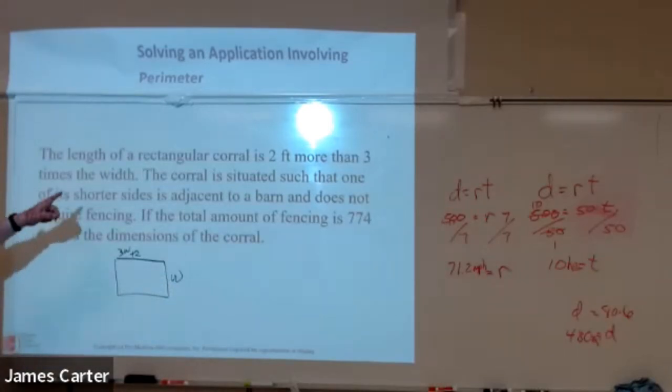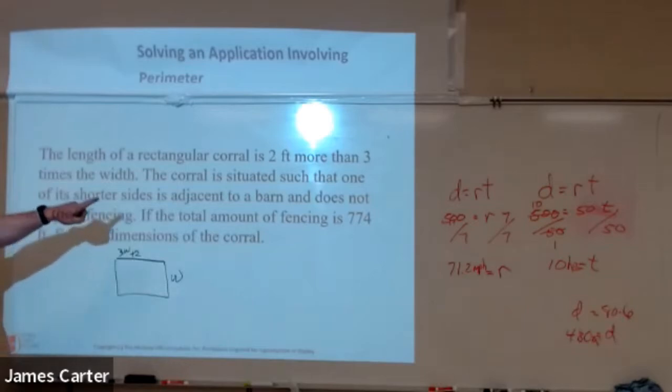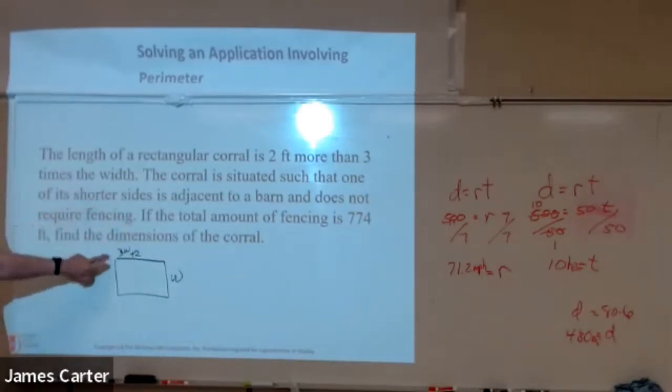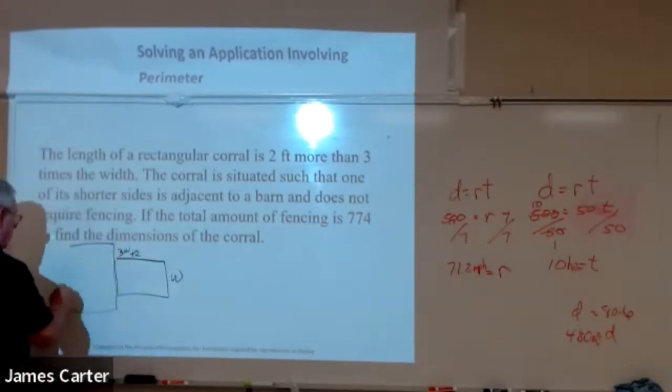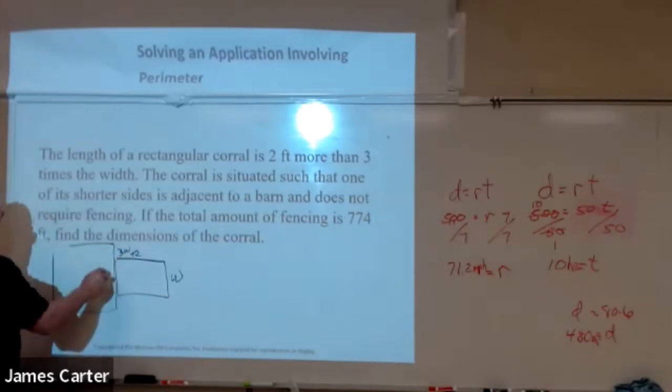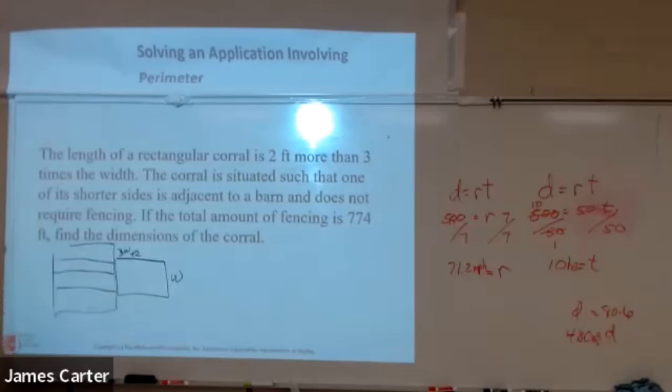Now let's see what else it says. The corral is situated so that one of its shorter sides is adjacent to a barn. That's the barn, looking down from on top. One of those roofs that goes up, and then over some more, old style barn.